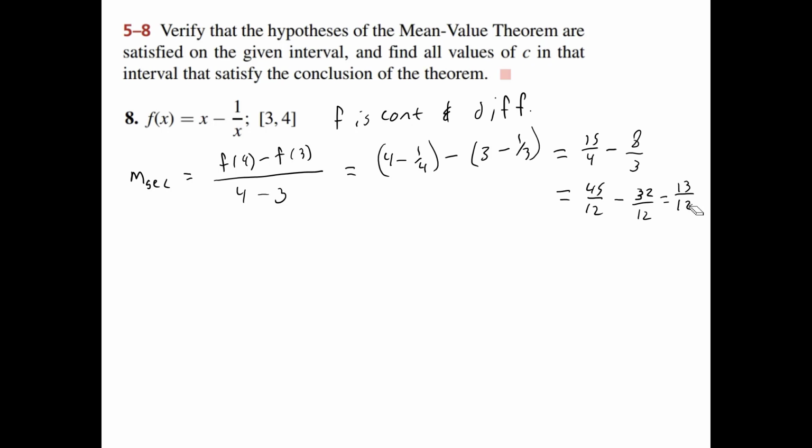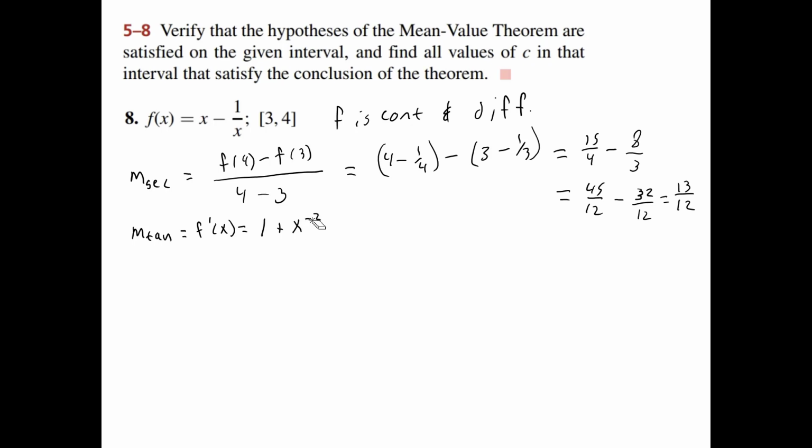Okay, so the slope of the tangent line, just take the derivative, is f prime of x. Two terms. The first term, derivative is 1. Second term, it's better to write it as x to the negative 1, 1 plus x to the negative 2.